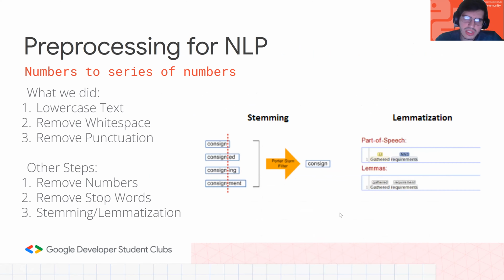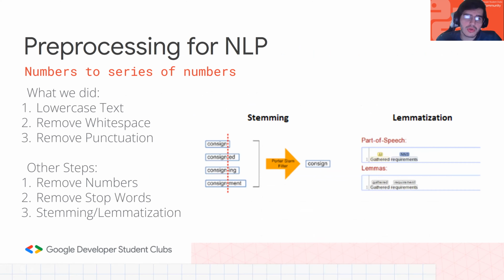So what do we do for preprocessing for NLP problems? Well, first we need some data, and it can be anything from a book to some Reddit posts or anything you can scrape off the internet.